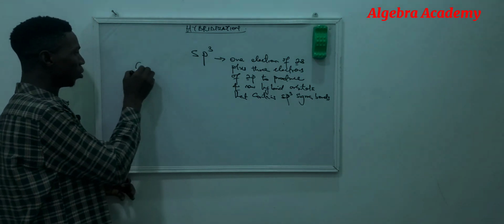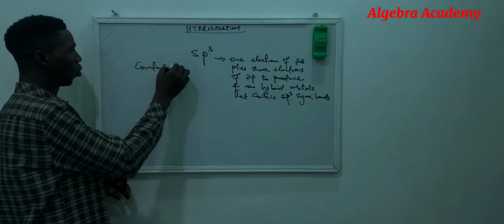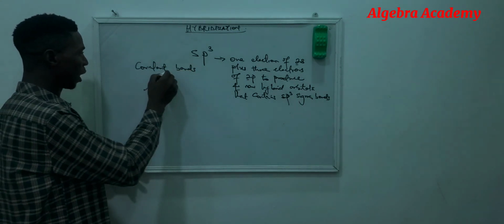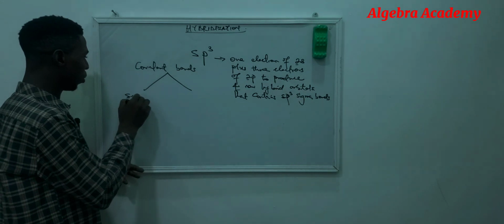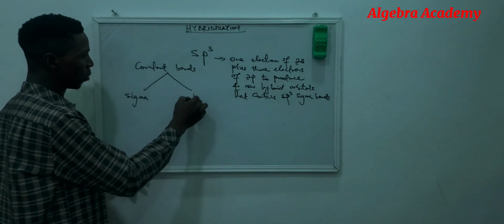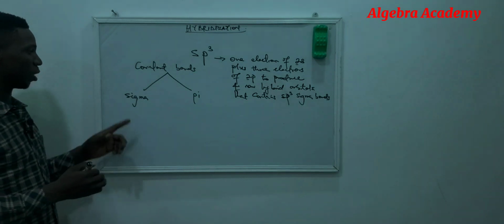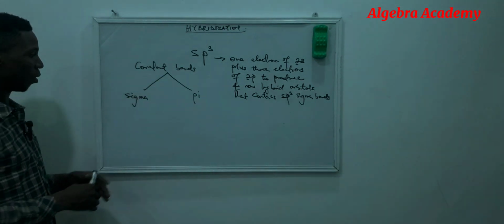Now, covalent bonds are of two types. The first type is what we call the sigma bond, and the second type is what we call the pi bond. The sigma bond and the pi bond, those are the two types of covalent bonds that we have.